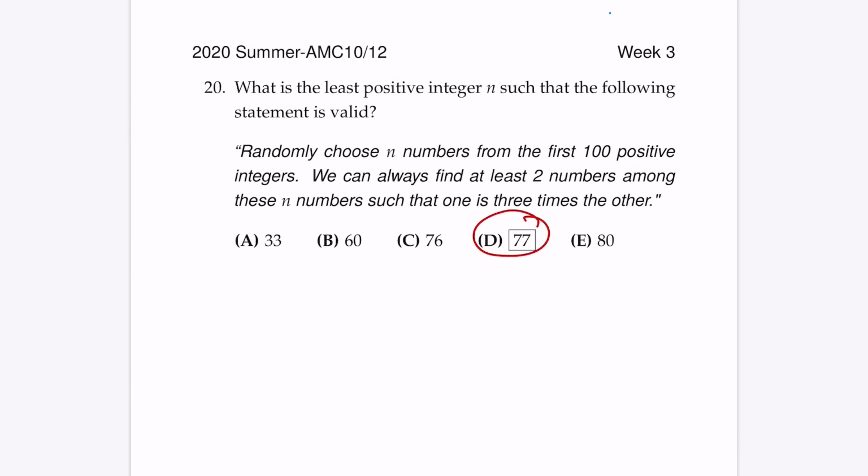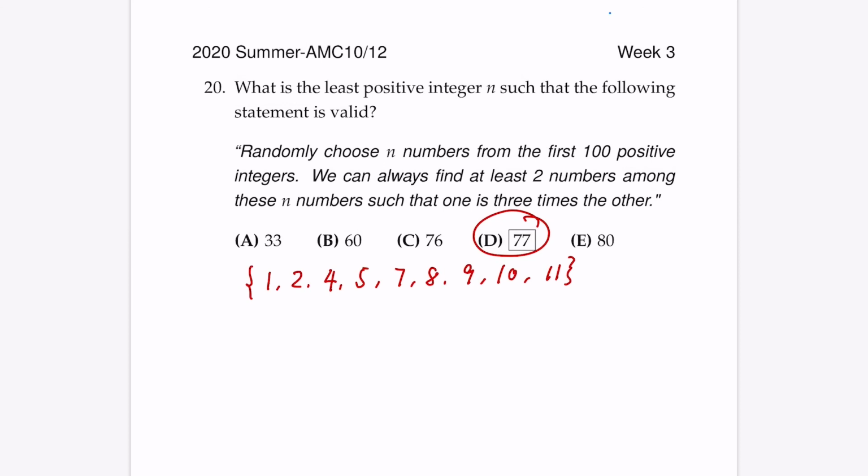Let's first see 76 doesn't work. I can create 76 numbers so that none of the two, one is 3 times the other: 1, 2, 4, 5, 7, 8, 9, 10, 11, with number 3 and number 6 missing.